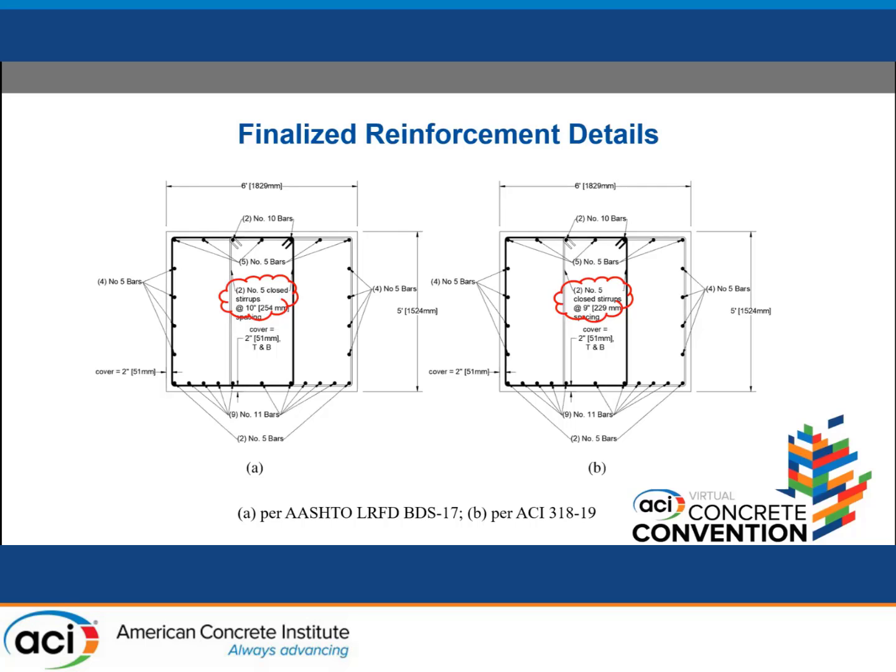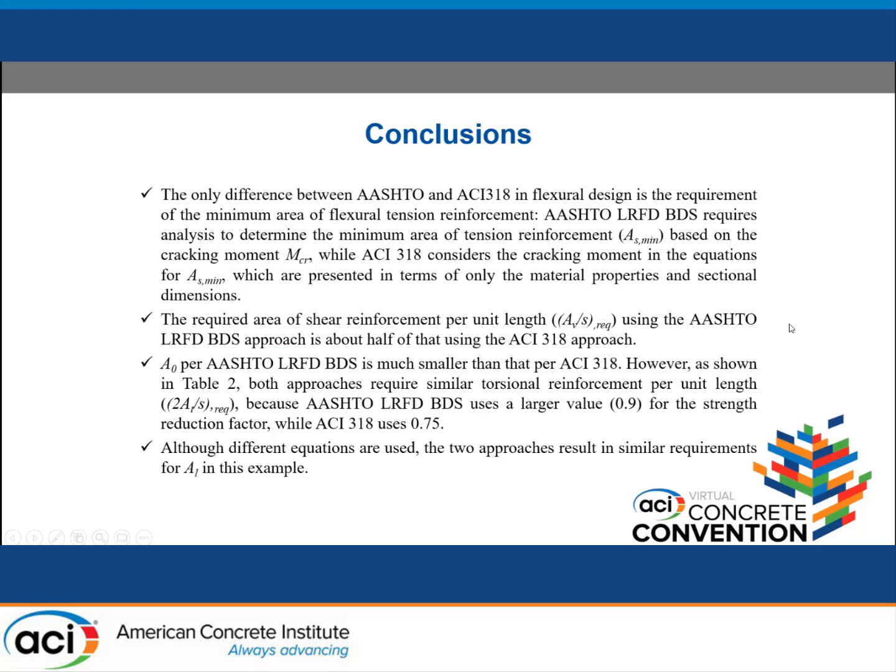I think the main reason is that ACI 318 requires almost double the quantity of shear reinforcement compared to AASHTO's design methods. We also found that AASHTO used a different equation to calculate the area enclosed by the shear flow for the section.